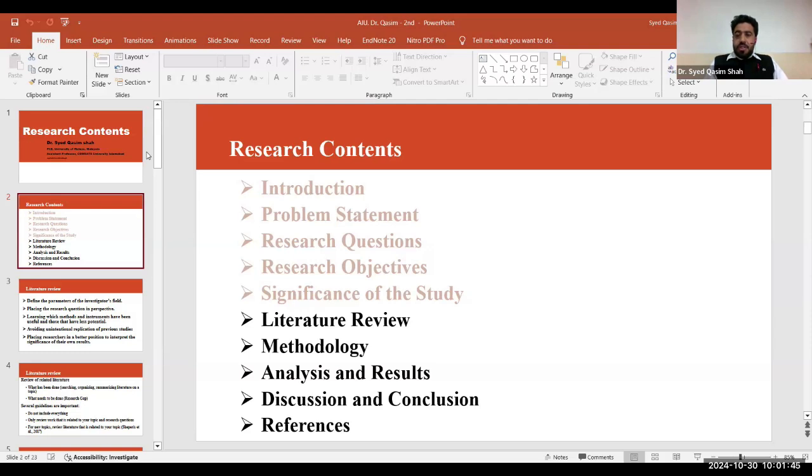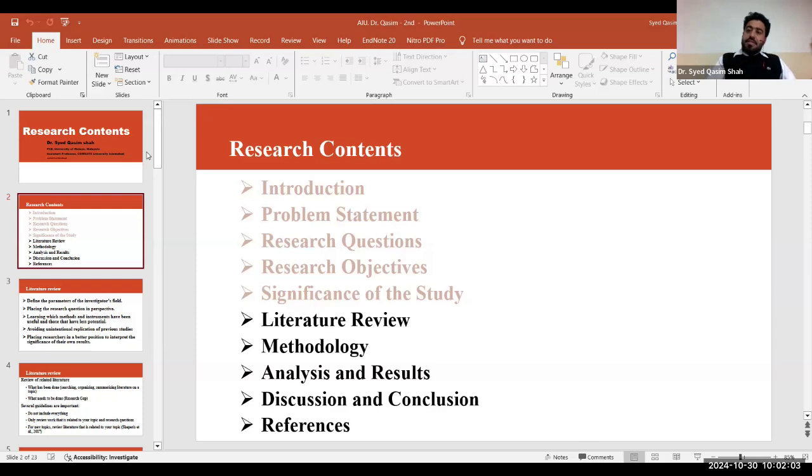Starting from introduction, the role of problem statement, research question, objectives, literature review, methodology, and analysis, as a whole they are part of your research. That's why each and every content is very important.